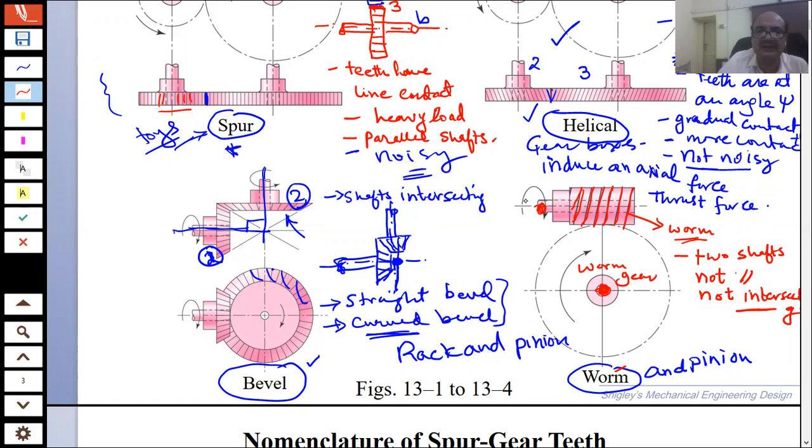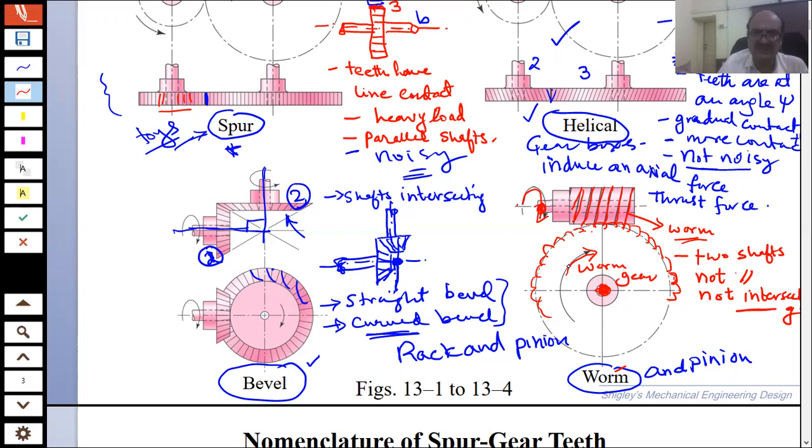And if you rotate this worm, this gear is going to rotate too, because this one has teeth that mesh with the worm. Therefore it is transmitting power between two shafts that are neither parallel nor intersecting.